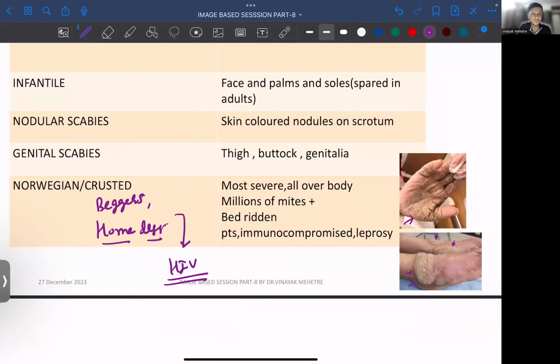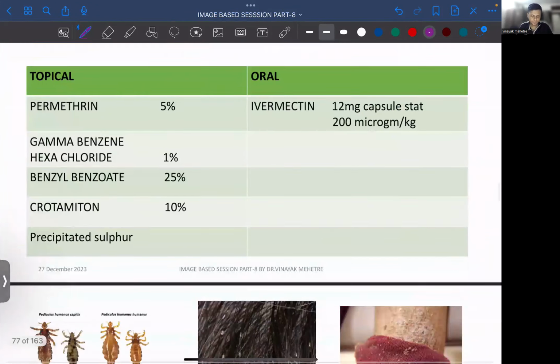So what will they write whenever they ask? Norwegian scabies, beggars, or people who are living on the footpaths, or the patient is an HIV patient. This patient will have the most severe form of scabies. The name of that scabies is Norwegian scabies.